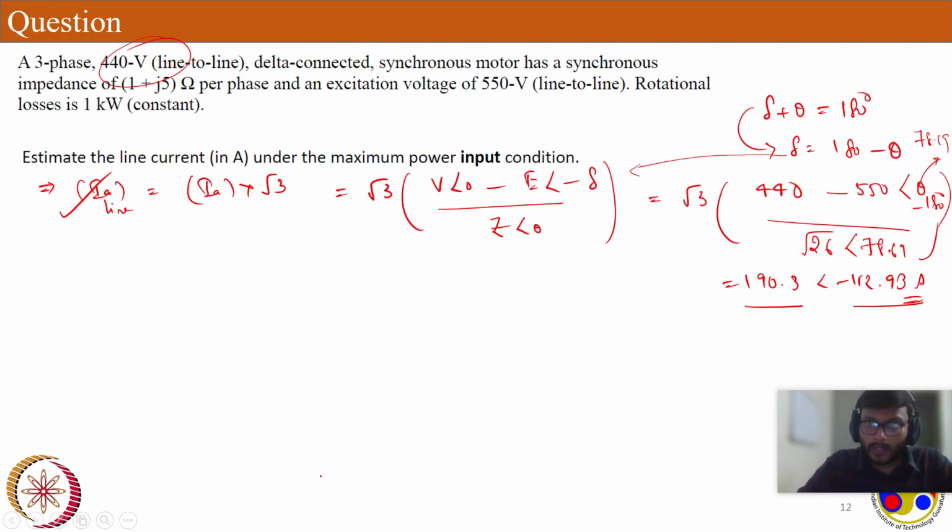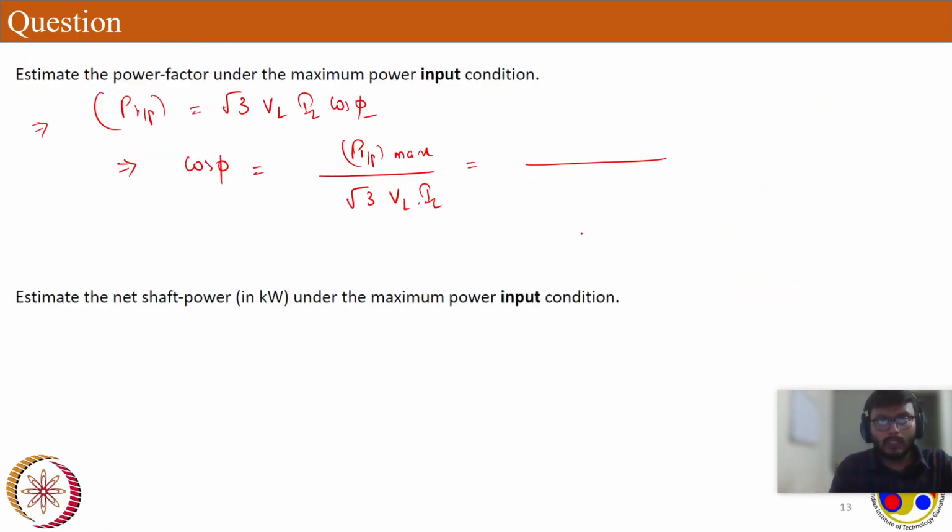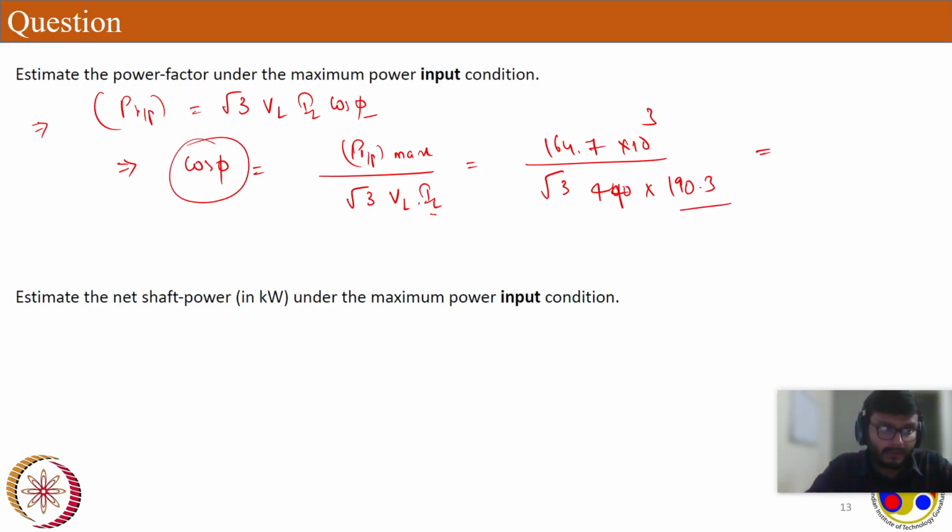Now we know the line current and the input power. It is 164.7 kilowatts divided by root 3 into 440 multiplied by 190.3. We just write the magnitude here, not the angle. Now when you calculate, what power factor are you getting? 164.7 times 10 power 3 by root 3 into 440 into 190.3.